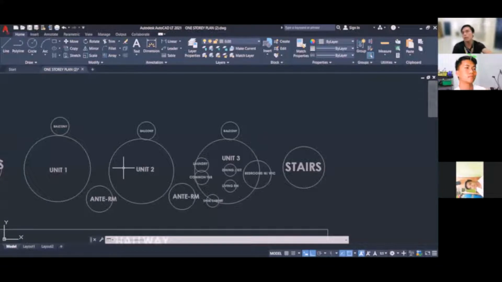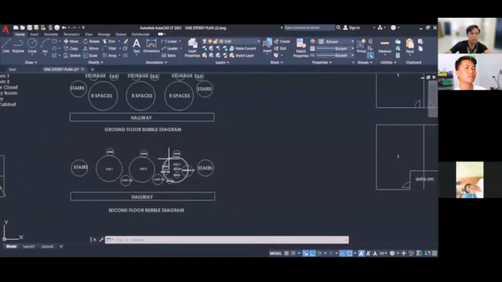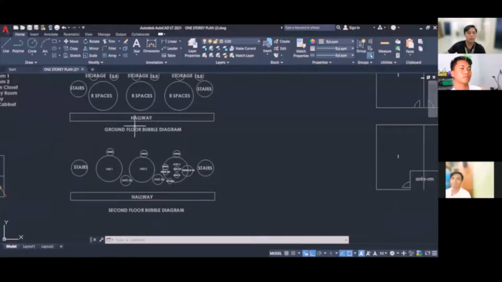Kasi by that time parang doon maghahalo na yung public space sa private, public saka doon sa users ng commercial versus doon sa users ng mga units sa taas. Yun. So, yun, research pa natin mabuti kung ano yung ibig sabihin ng space na yun. Okay? Okay po, sir. Thank you po.